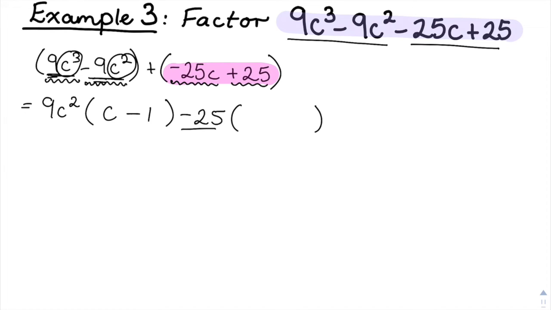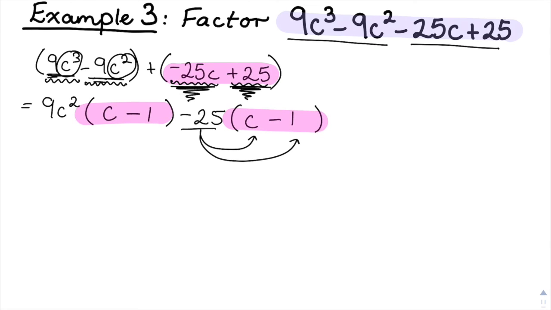So negative 25 times c would give us the negative 25c, which is the first term. And negative 25 times negative 1 would give us the positive 25, which is the second term. And you'll see here that we've got our c minus 1 as our common factor.